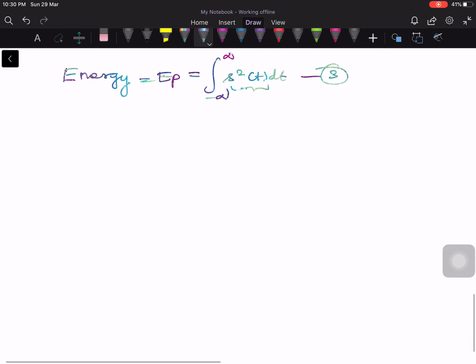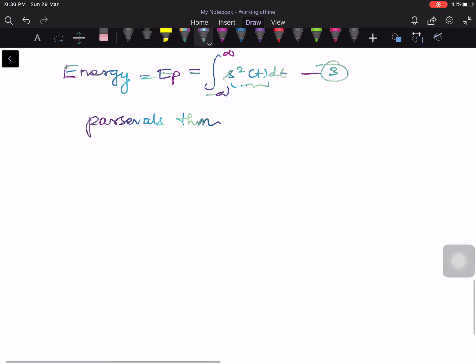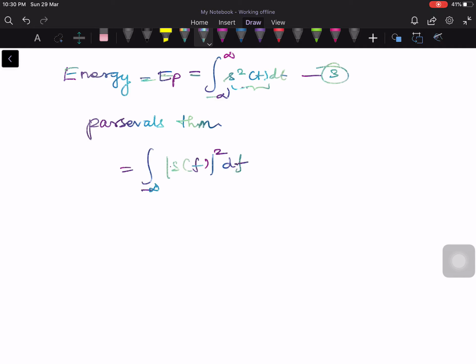Now by Parseval's theorem, I can find an equivalent expression for this equation 3, which is the integral of the magnitude square of S of f in the frequency domain, with integration from minus infinity to plus infinity. So either you take the energy in the time domain or take the area of the spectrum magnitude square in the frequency domain.